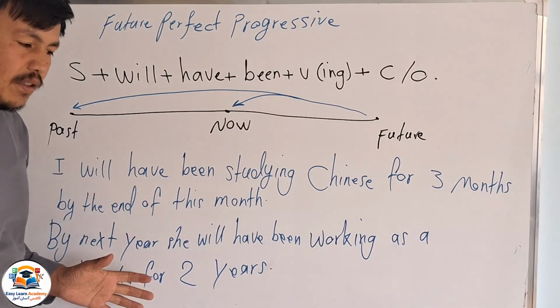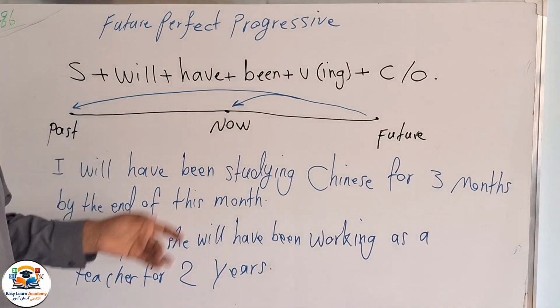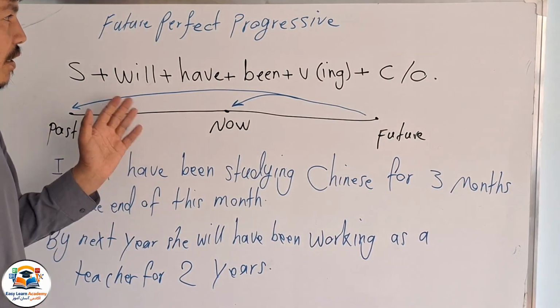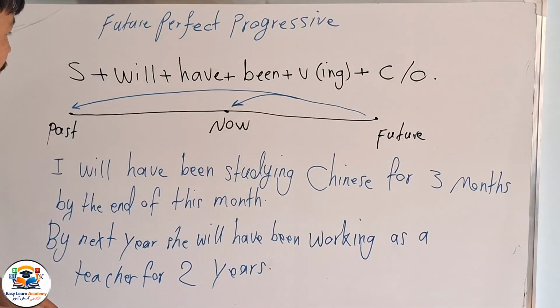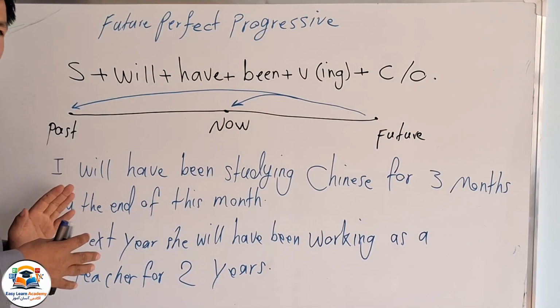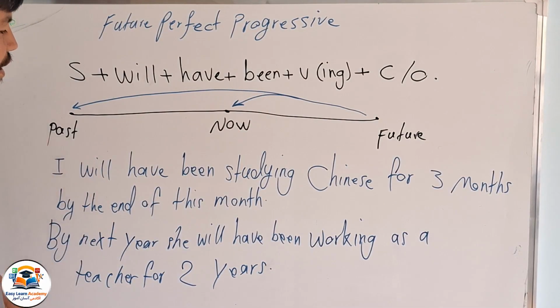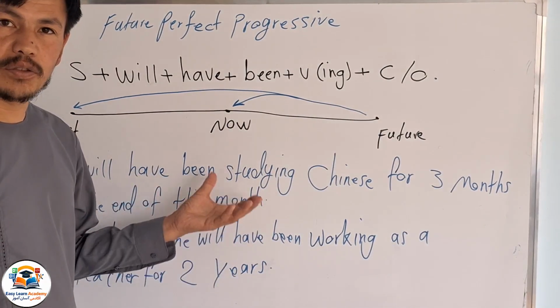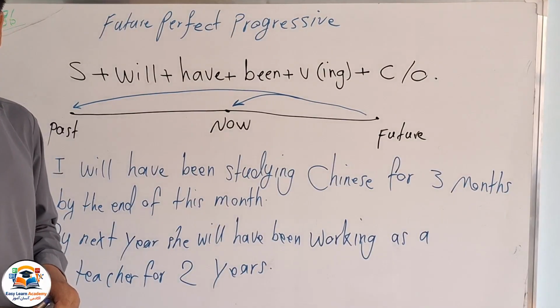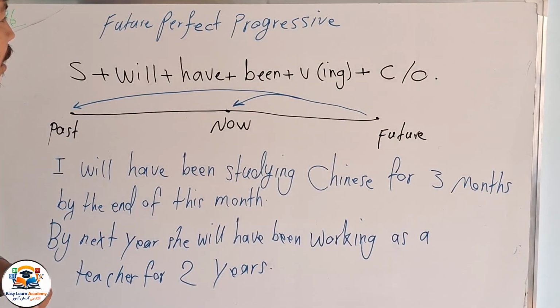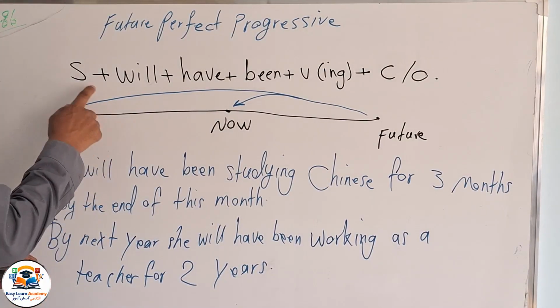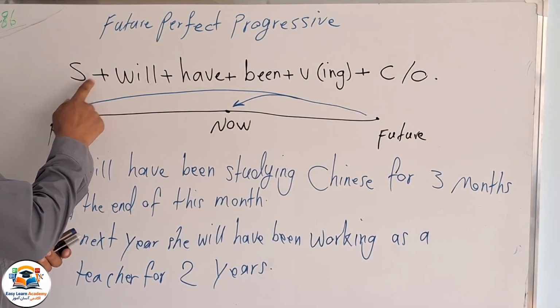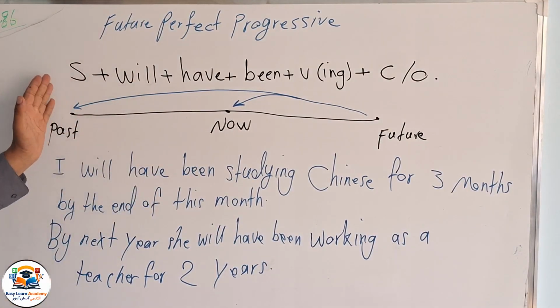So in this video, dear friends, we will learn about future perfect progressive or continuous. Let us see what is the structure of this tense and how we can make sentences and when we should use this specific tense in English. Okay. So as you see, I have written the structure here. It's really simple.